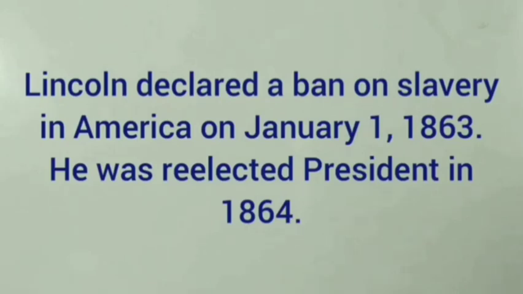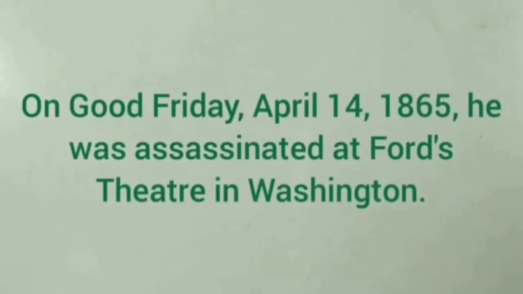Here also you will get some information that he is famous for his ban on slavery. On Good Friday, April 14, 1865, he was assassinated at Ford Theater in Washington. Unfortunately, he was assassinated and it was in Washington.